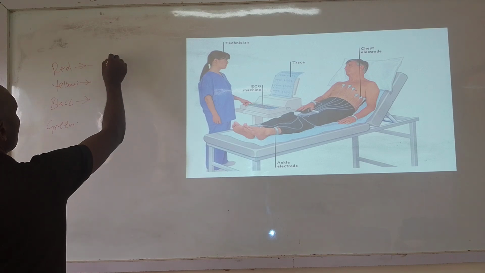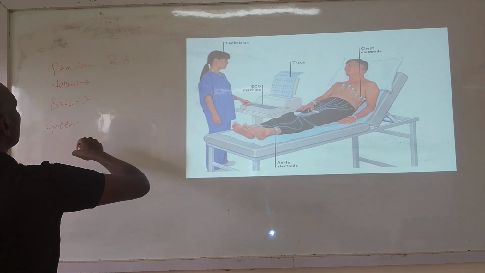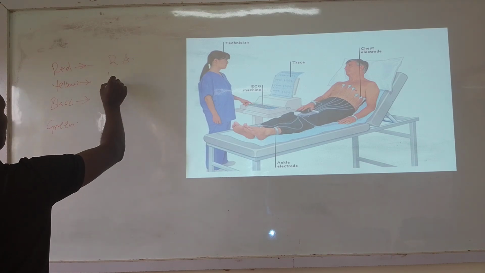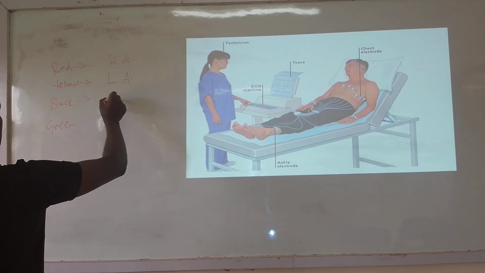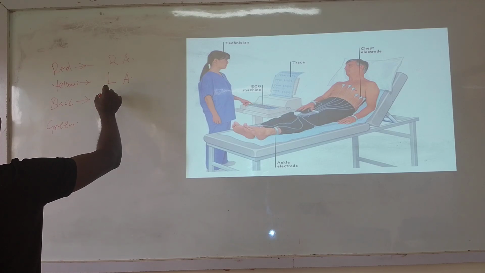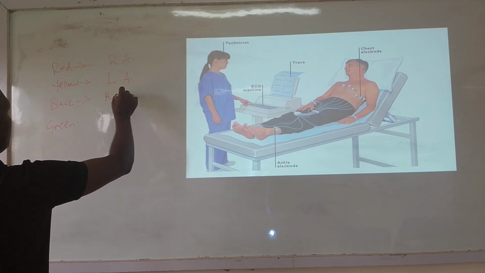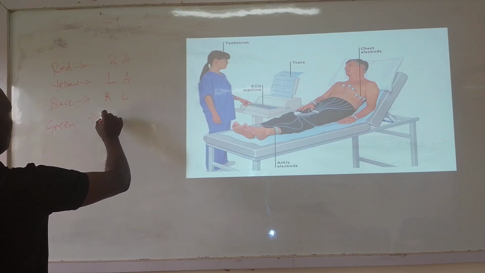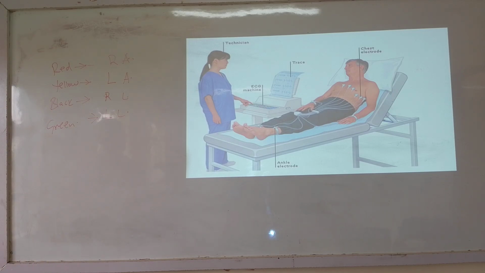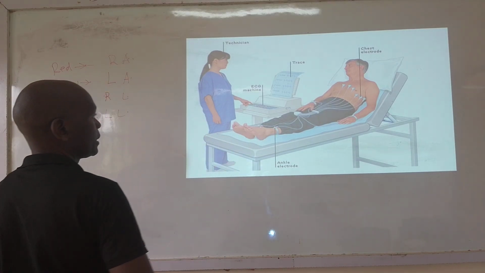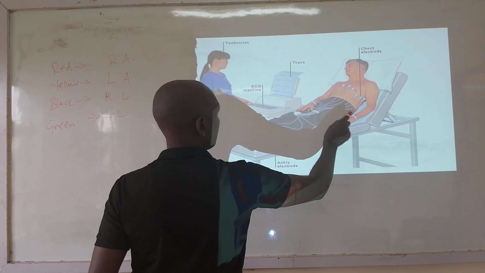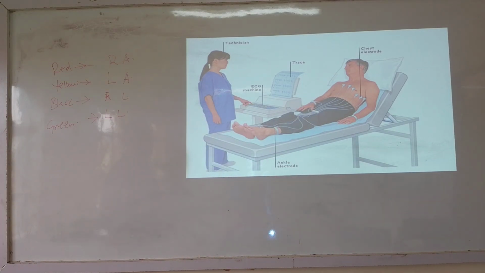This one goes to the right arm, while this one goes to the left arm. This one will go to the right leg, and then this one to the left leg. So you just place them on the limbs with that color. They are coded.